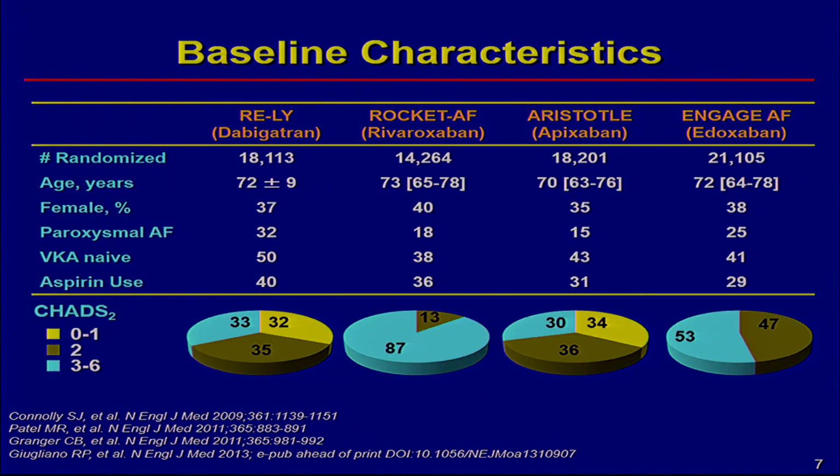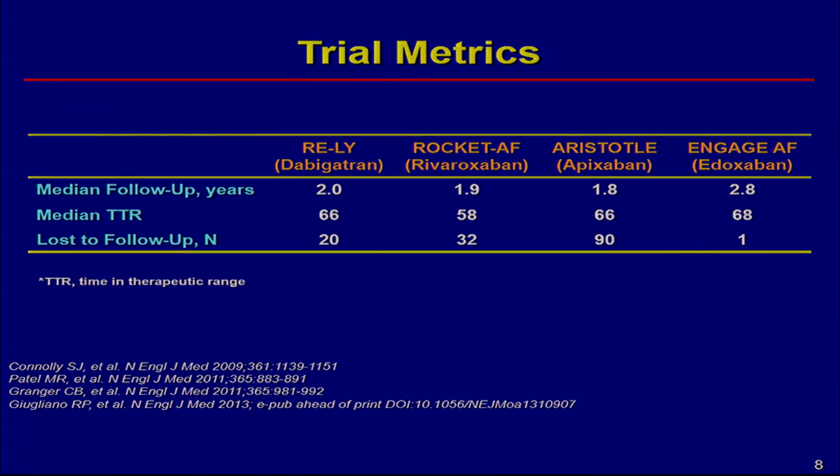The characteristics also differed across the different studies in terms of the risk profile. And so some had a more varied risk profile when you consider the CHADS-2 score, whereas some really emphasized higher risk patients to get a better assessment of events in that population or higher event rates, such as the ROCKET trial.